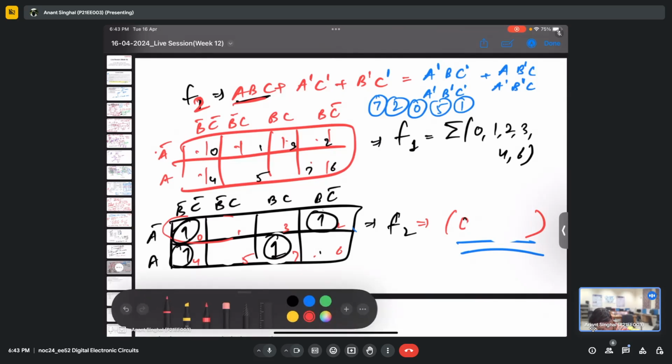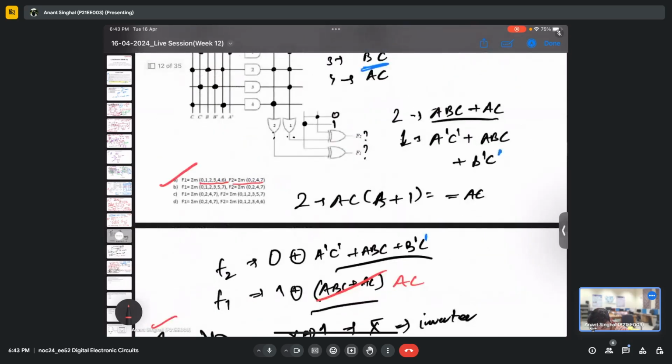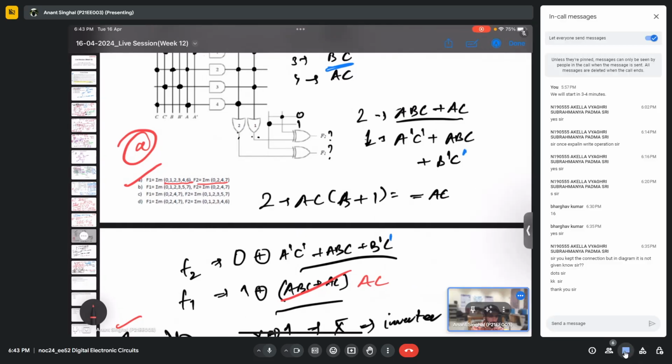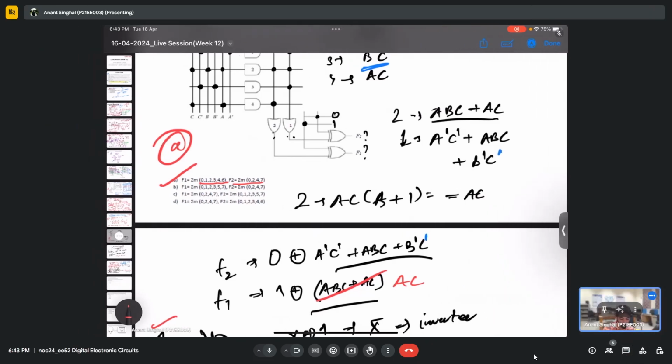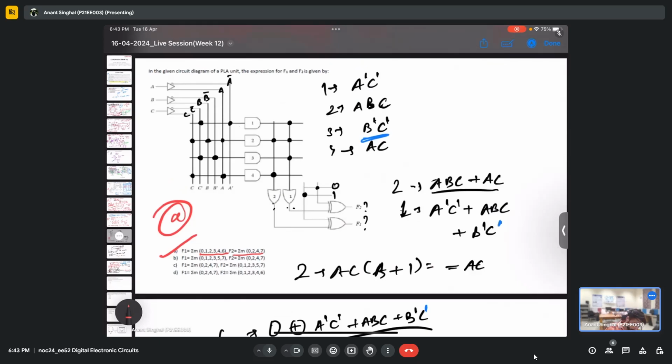I hope it is clear. Is it clear, everyone? So then I guess option A is matching now. Yeah, so option A is the correct answer. Is it clear, everyone? Please confirm if it is clear.